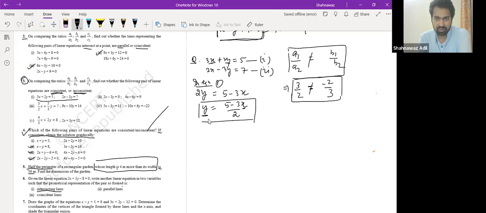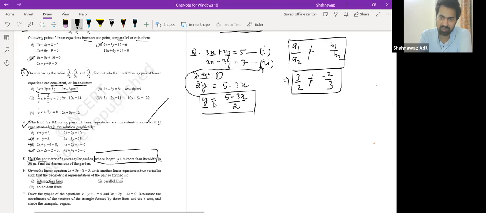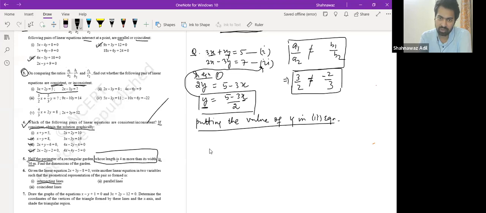Then I can substitute the value of Y from here into the second equation. That is why it is called the substitution method. Understood? So putting the value of Y in the second equation, this would give me 2x minus 3 times (5 minus 3x) by 2, and this is equal to 7.